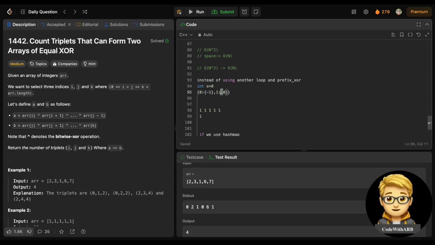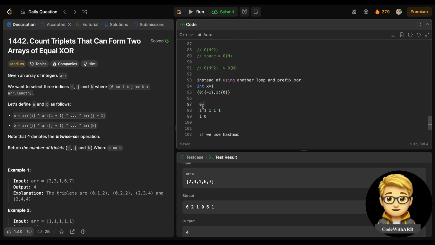Okay, so this 1 got 0, and after this 1, when we take an XOR value with this, this 1 and this 1 will give us 0. And if you see here, we have already got 0. So it means between this 0 and this 0, we will definitely get a triplet. And what will it be? It will be this minus this minus 1.